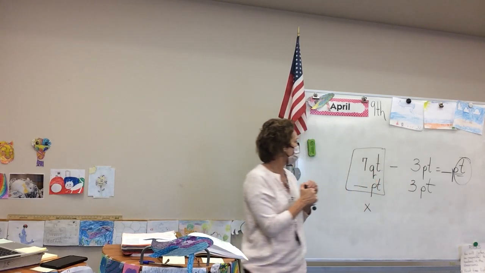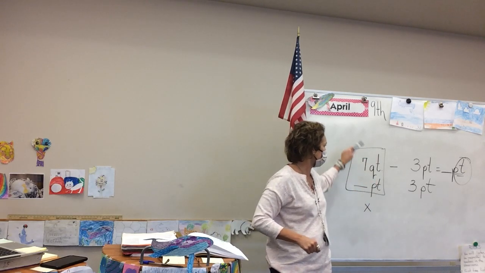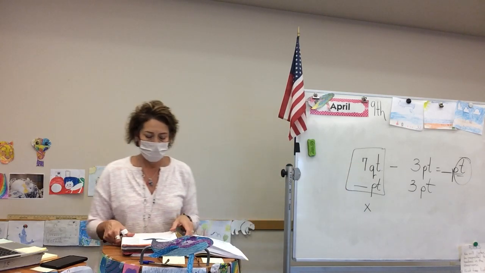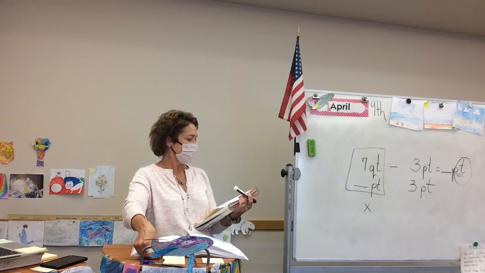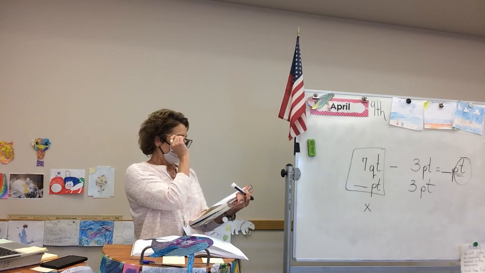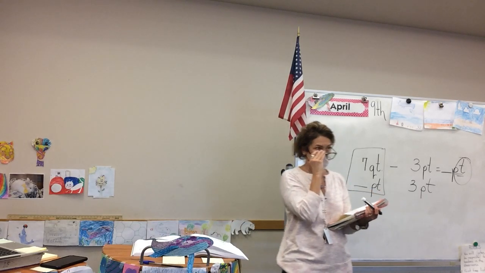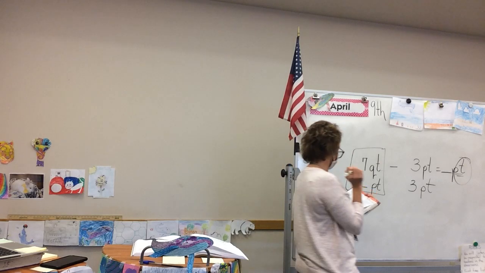So remember, we're focusing on this. Now we're just trying to figure out this equation. Estimating. We've done this before. So with that said, how many pints are in a quart? Two.